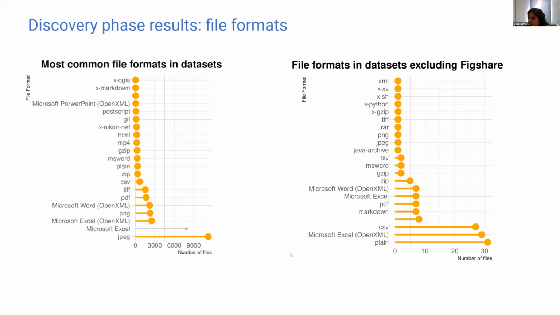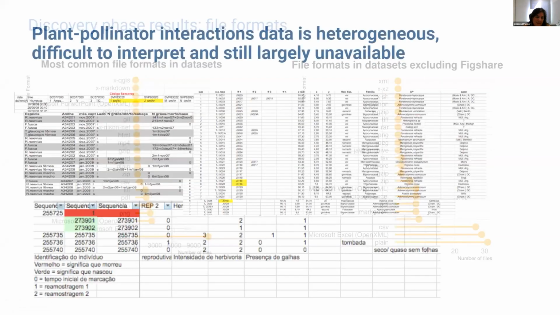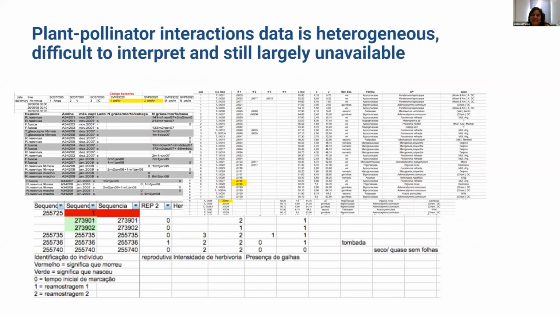And if we exclude this, we come to more files with plain text or Microsoft Excel. We find really dozens of different file formats. So the data can be extremely heterogeneous. It's difficult to interpret and it's largely unavailable. And although it's changing, most researchers still rely a lot on spreadsheets to document the data.